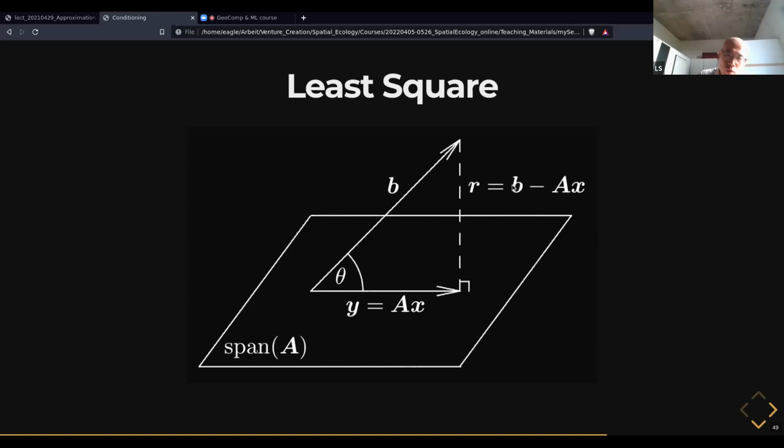So the smaller the residual is, the closer the observation is to your underlying true system, and the better the model is. In other words, the smaller the residual, B is moving closer to this plane called span A, and this theta is getting smaller and smaller, and your model is getting better and better.